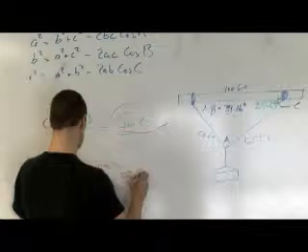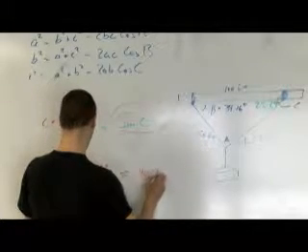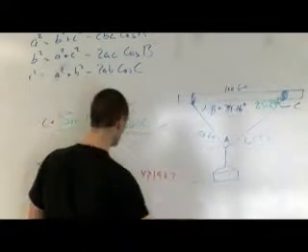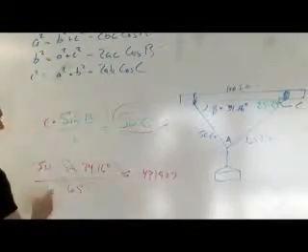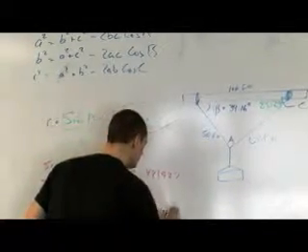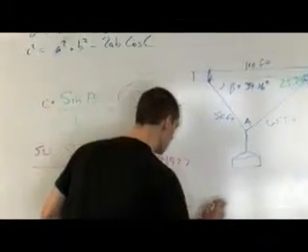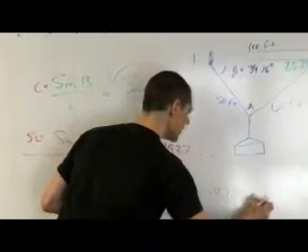This is approximately 0.431927, blah, blah, blah. So sine C is equal to 0.431927 and change.